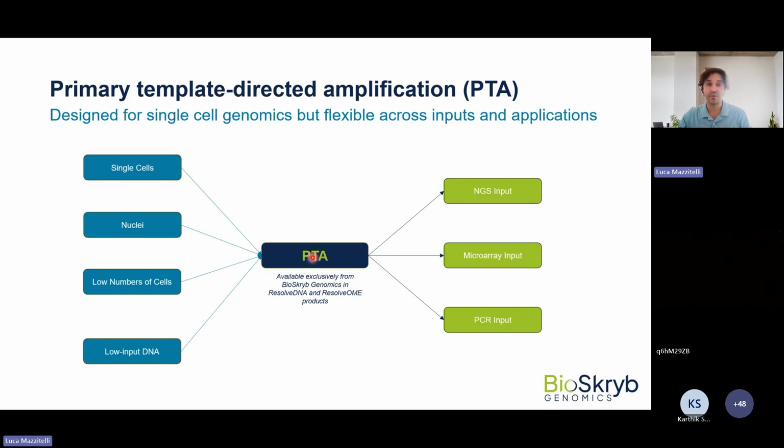It works perfectly with all these types of inputs. And then once you have your whole genome amplified, you can use it for creating a library and performing sequencing, or even for genotyping approaches and specific multiplex PCR.